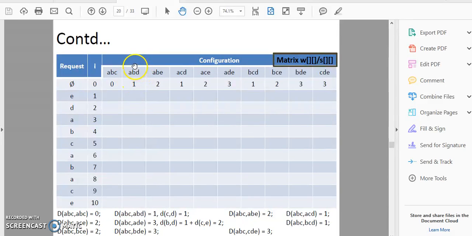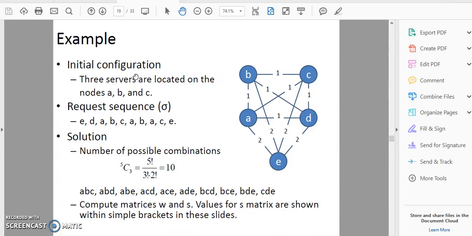Suppose we want to fill this block, ABD. It implies that if initially the configuration is ABC, what is the cost of changing this configuration of ABC to ABD? We only have to change C to D, because A and B are in the same position. So we only need to move from C to D.